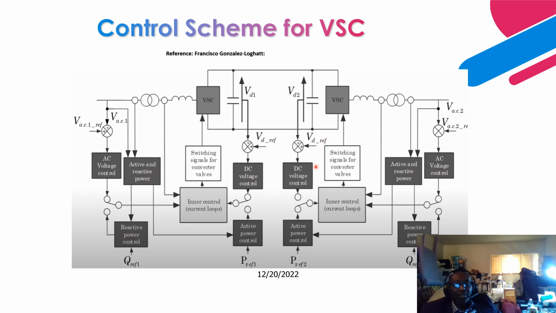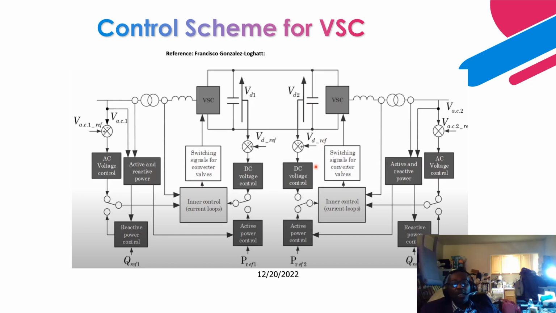On this side, you can also have another control. You can have a DC voltage control. You can have active power control with AC voltage control, or reactive power control with AC voltage control, or a DC voltage control with an AC voltage control.